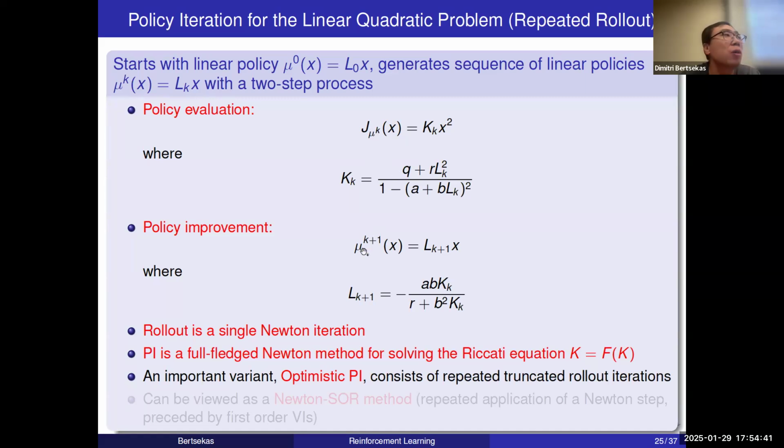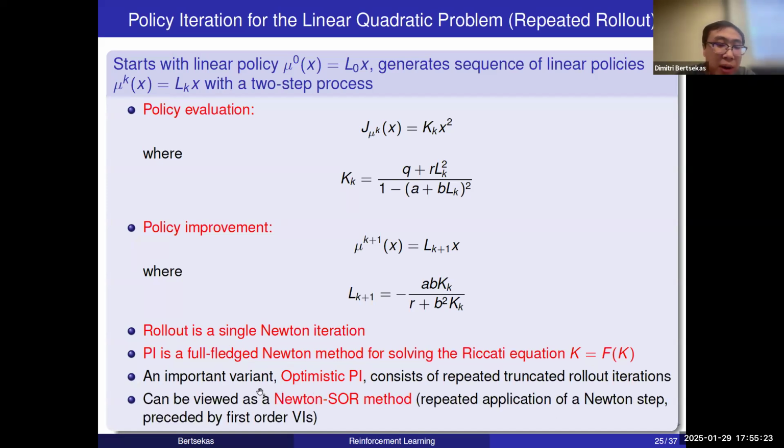The best you can do is probably just run a simulation under that policy for a few steps, let's say m steps, and then plug in some terminal cost approximation. Use this to approximate the cost function of a given policy. The corresponding method is called optimistic policy iteration. So you use a finite trajectory cost plus some terminal cost approximation to approximate the cost in case you cannot solve the cost exactly, and then do the policy improvement and repeat this procedure.